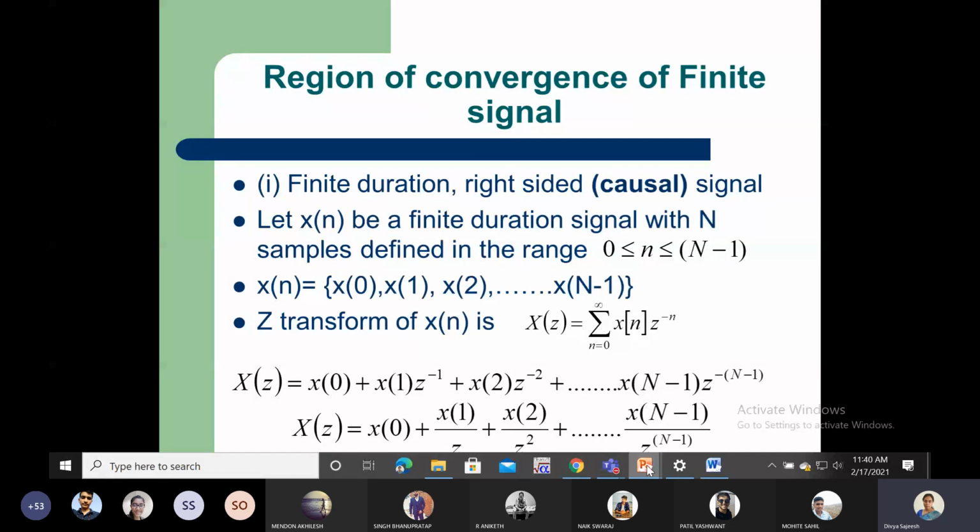So we define the range of the signal and we applied the Z transform for that signal. That is the general equation of the Z transform, that is converting the signal into the Z plane, multiplying that with Z raised to minus n.